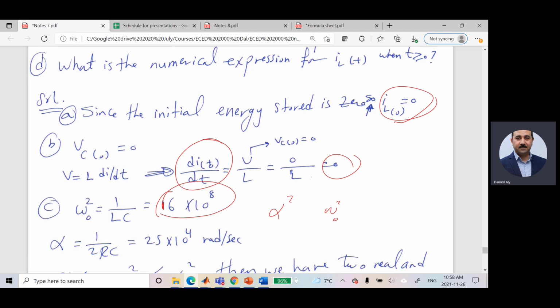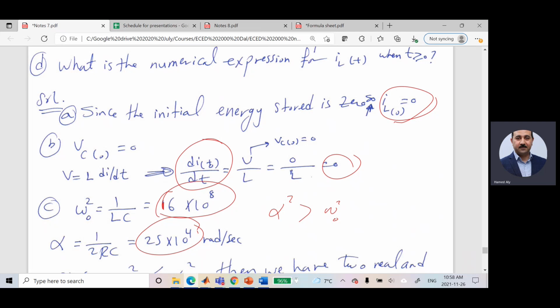This is alpha only. So the square of this guy will be 25 squared times 10 to the power 8. So alpha is greater or omega? Alpha is greater than omega. Which case? Is it over, under, or critically damped?